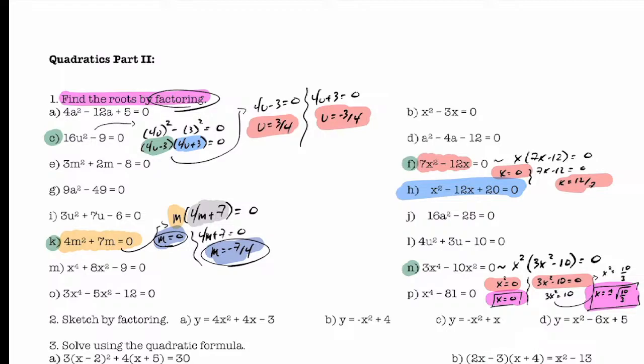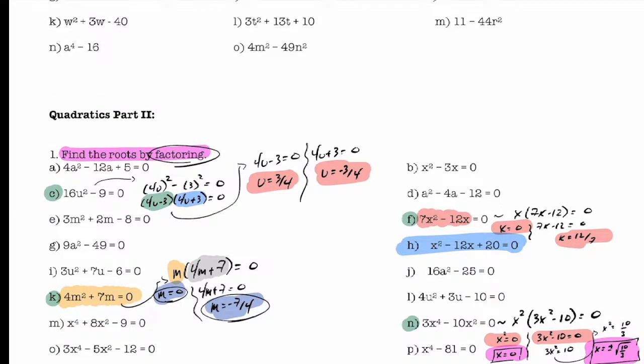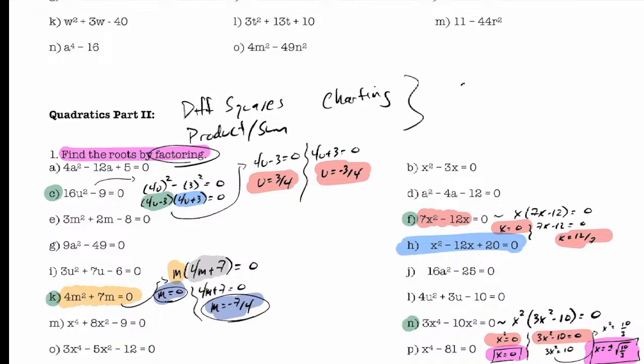Is there anything else? In terms of what you have to know here, remember to do your difference of squares on the exam. Remember product sum questions, and you can review old videos or your old lessons. Remember charting, and that's all combined with GCF, which is always a part of it.